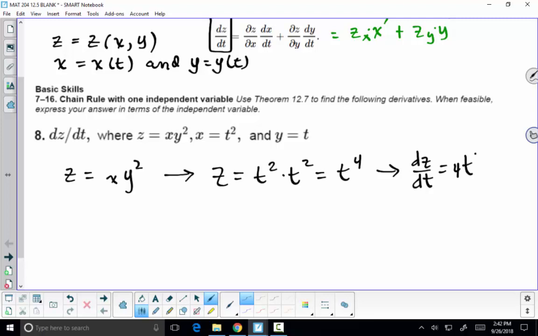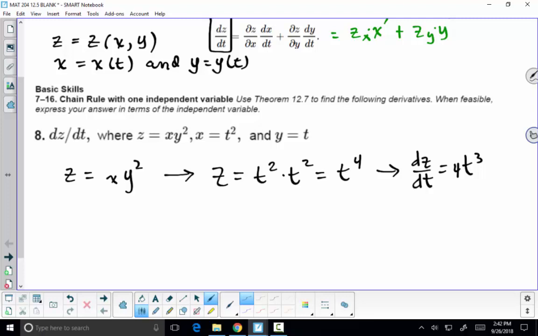This way is very simple. We did not use the chain rule here. Here we use substitution. We said, let's convert x to t squared, let's convert y to t, let's combine those so that we've written z as a function of t, and then do the regular derivative.